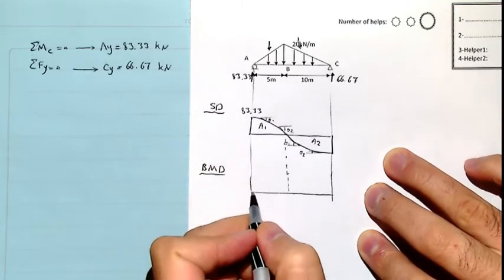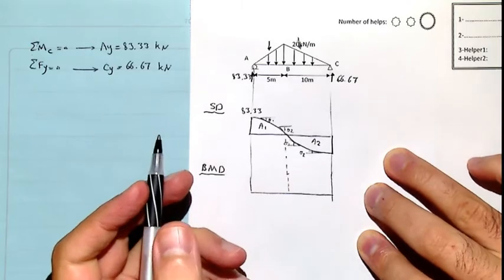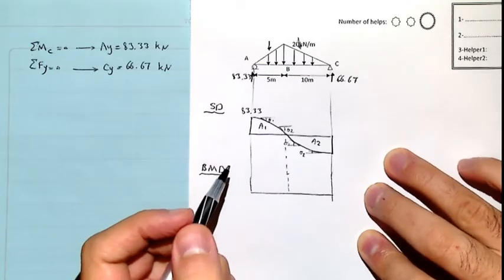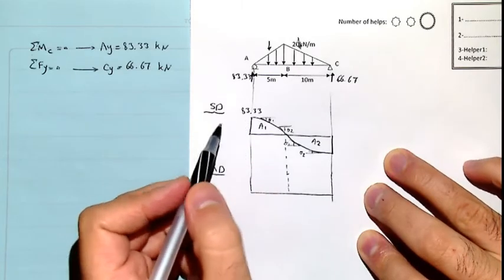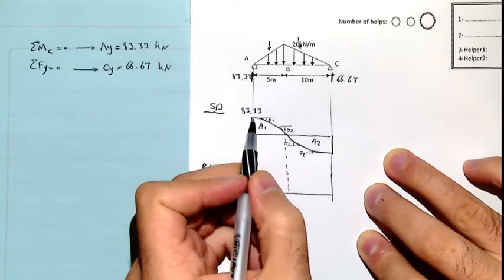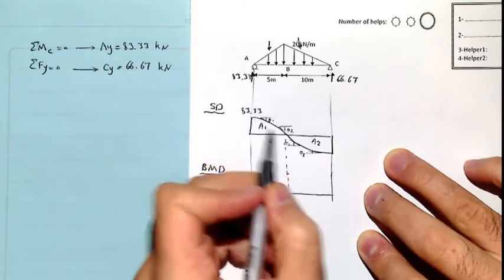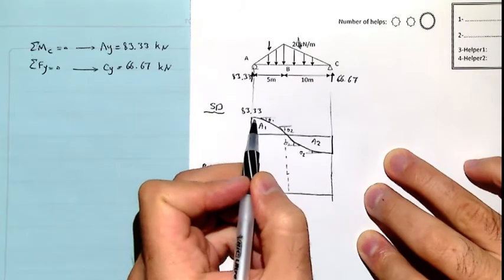The same would be true for the moment in principle, but in this case it's not. We should be careful about that, because whenever we are converting shear to the bending moment diagram, we have to deal with the absolute values of the numbers we read. It's 83.33, which is positive in this case.